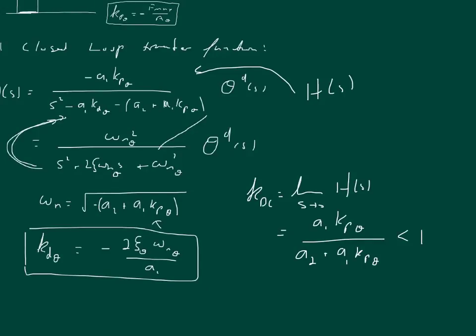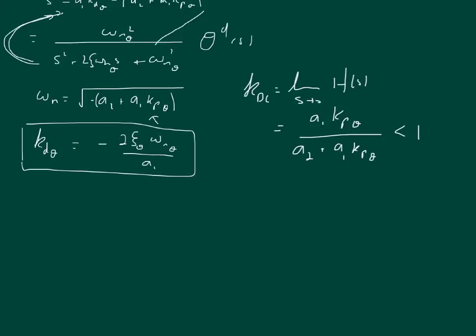And what that means simply is that if we apply a step of theta desired at this point, theta will actually rise up, and the steady state value here will be k dc theta desired.